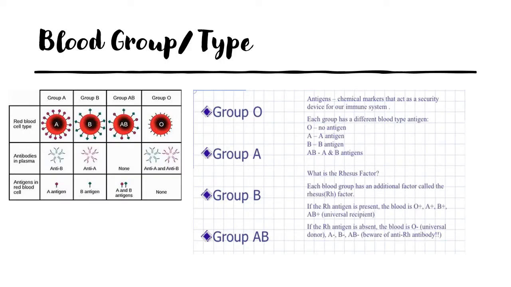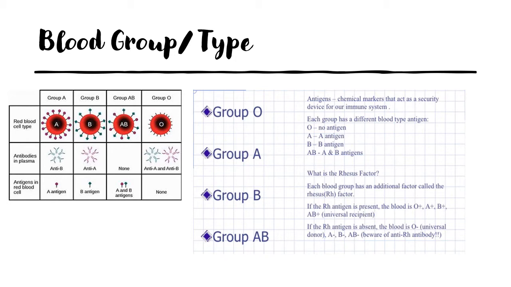This is a very simple chart where you can see that the person who has blood group A will have A antigens on the red blood cells, and the antibodies in the plasma will be the opposite, that is anti-B, the antibody for B antigen.